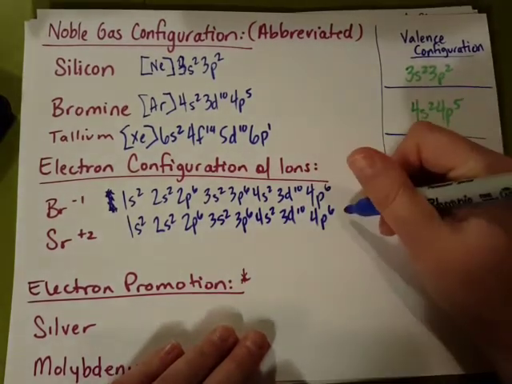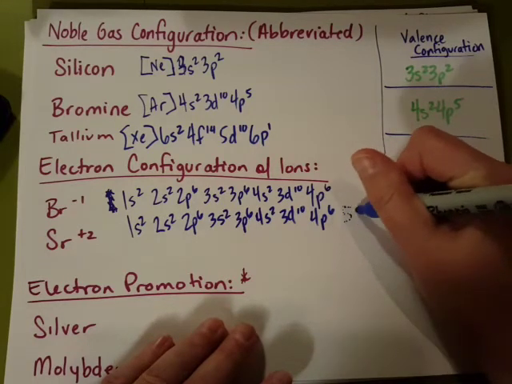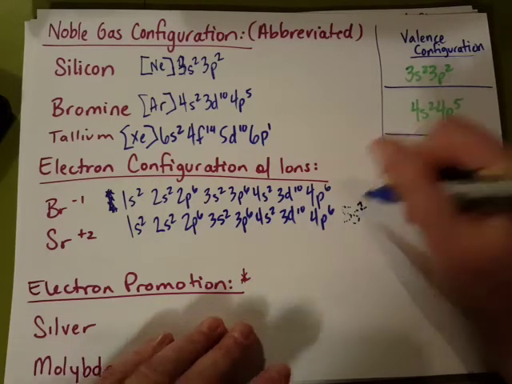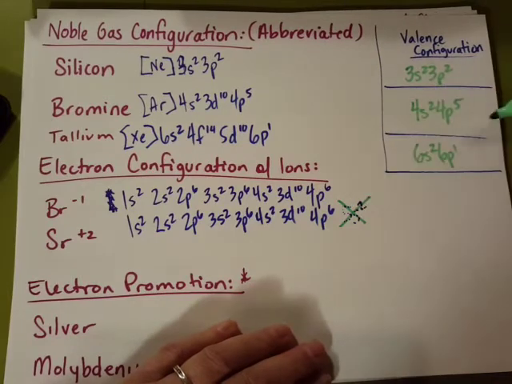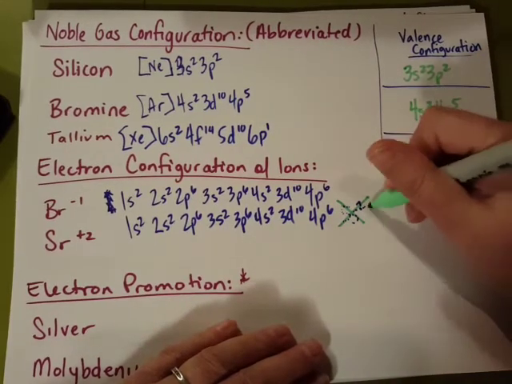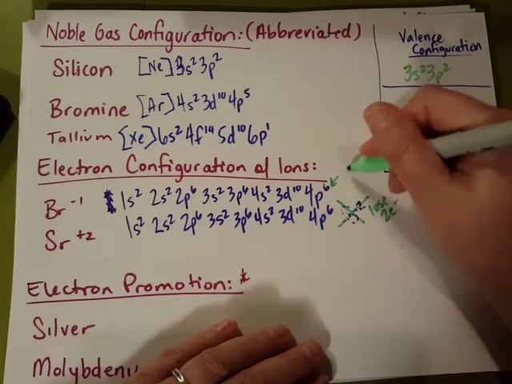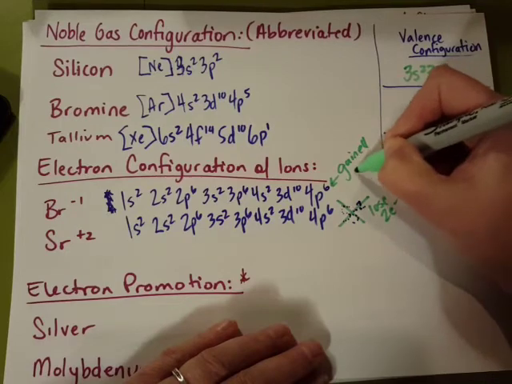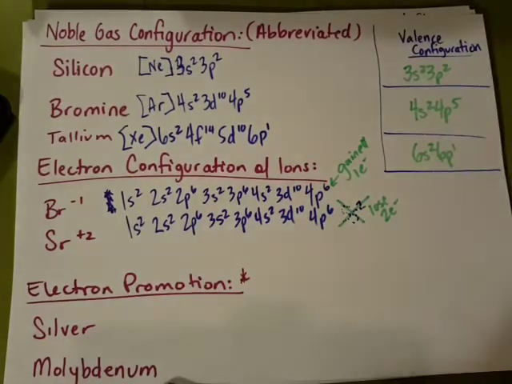So normally, again, we would have that 5s2, but because it's the cation, it's going to lose those 2 electrons. Whereas the bromine gained 1 electron because it normally has 4p5.